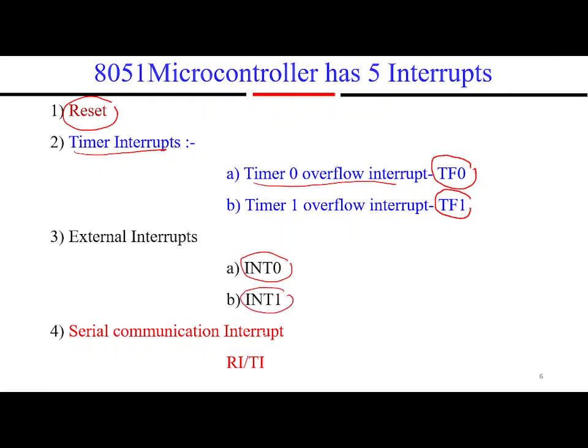And the last one is the serial communication interrupt, that is RI or TI. Hence it has five interrupts: reset, TF0, TF1, INT0, INT1, and RI and TI. Here there are six interrupts, but RI and TI are not counted separately in the number five. It is a separate interrupt.